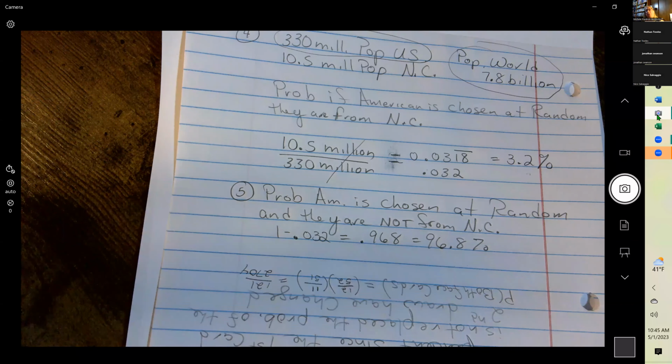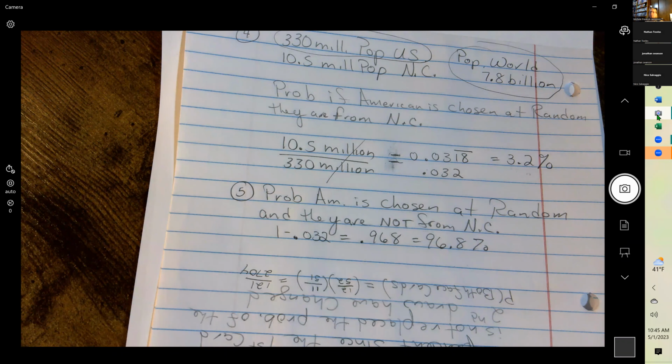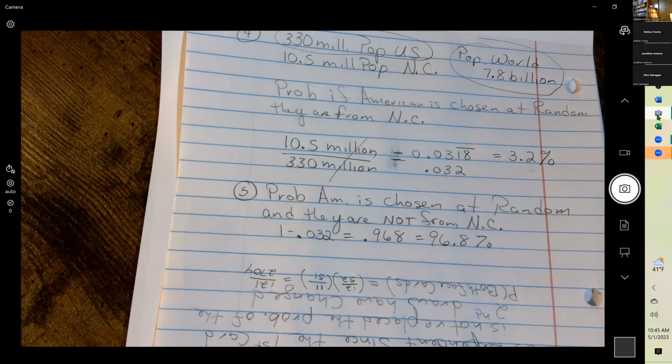So the complement is just 1 minus the other. Any questions on that?